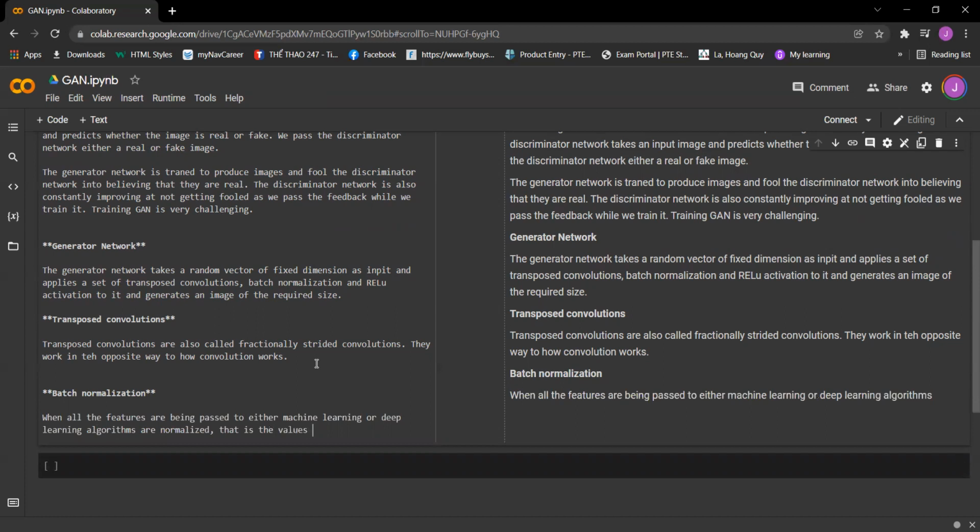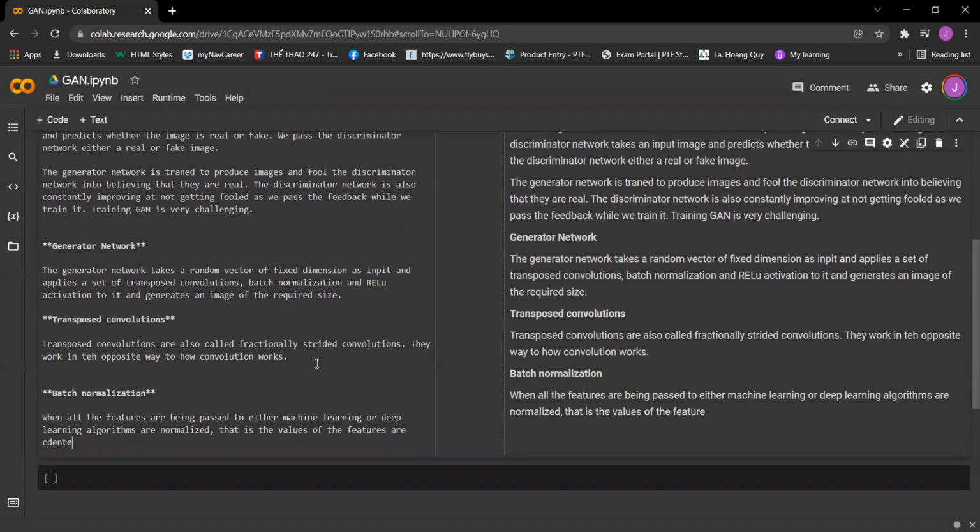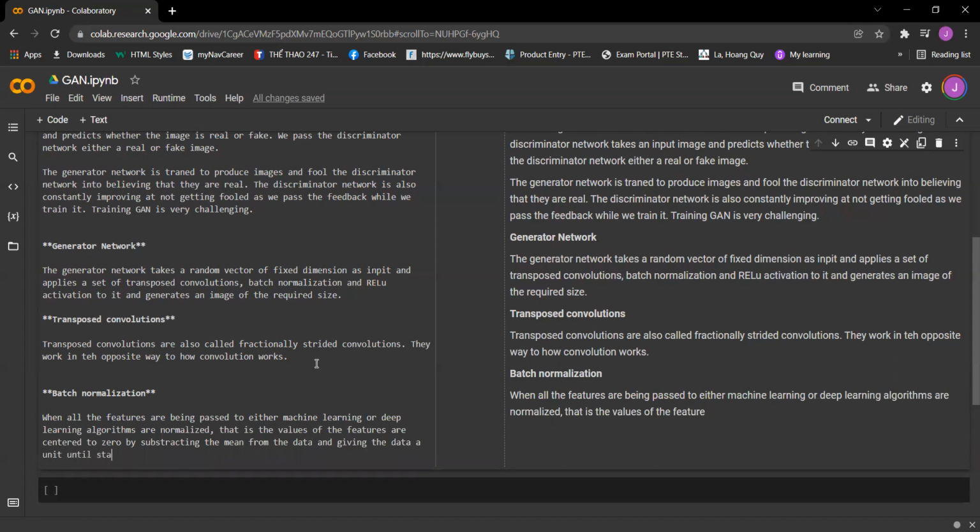That is, the values of the feature are centered to 0 by subtracting the mean from the data, and giving the data a unit standard deviation by dividing the data by its standard deviation.